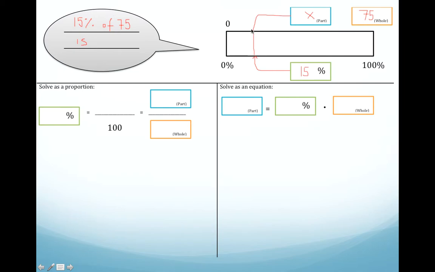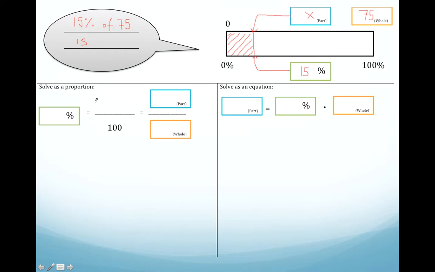Our part, the quantity, is also there. So if we shade this, we are showing the part that is 15% of the whole, which is 75.